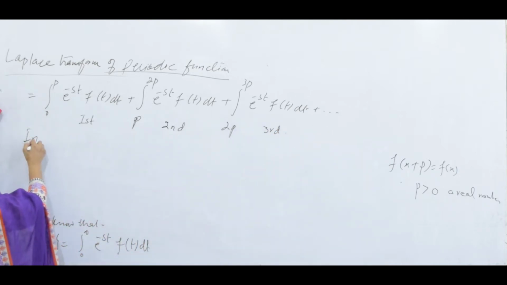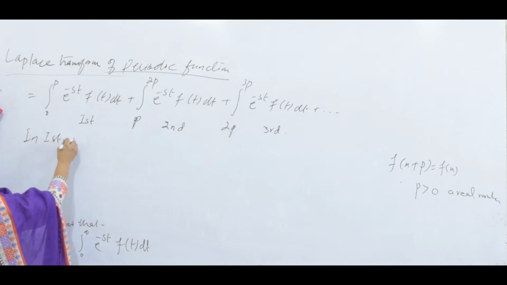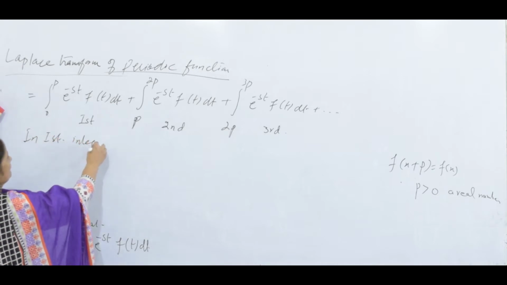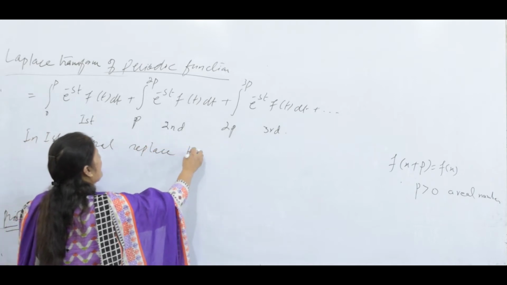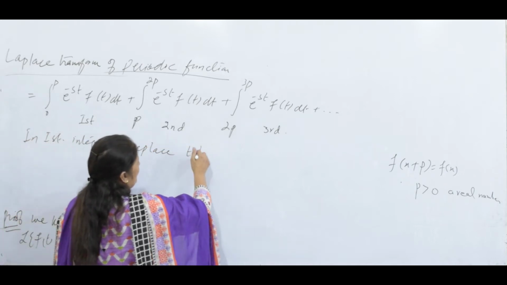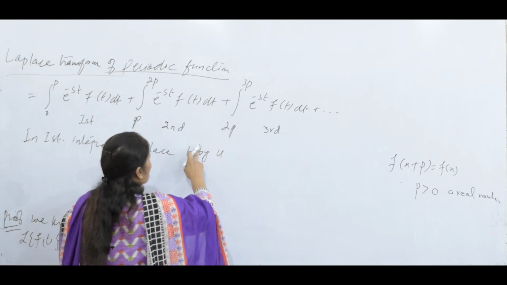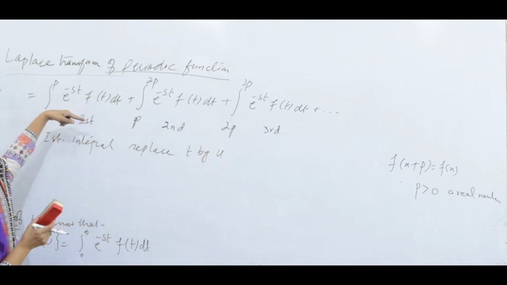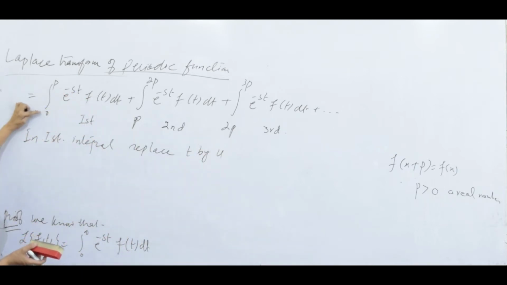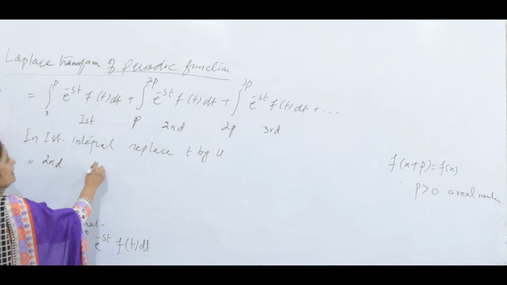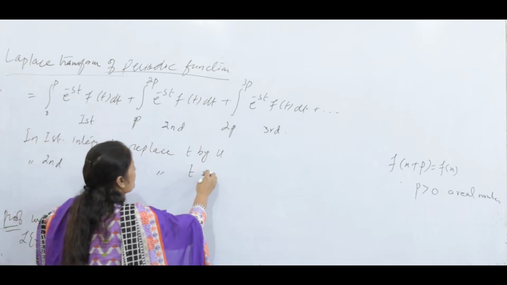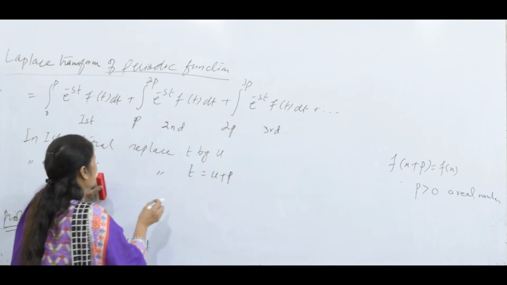In the first integral, replace t by u. Where there is t, you are replacing t by u. Here the limits are on t. When t is 0, u is 0. When t is p, u is p. In the second integral, replace t equal to u plus p.